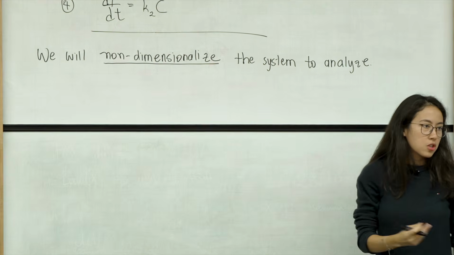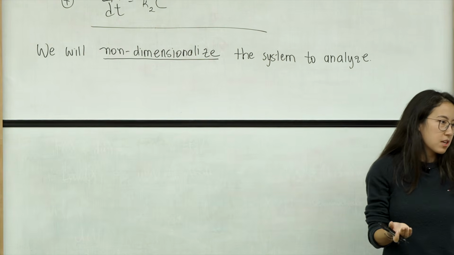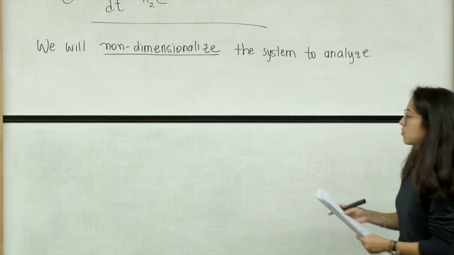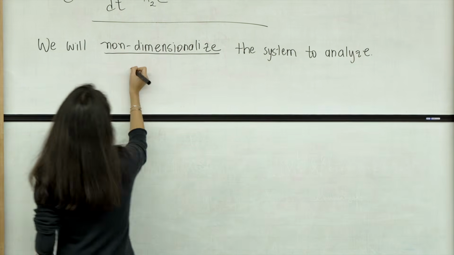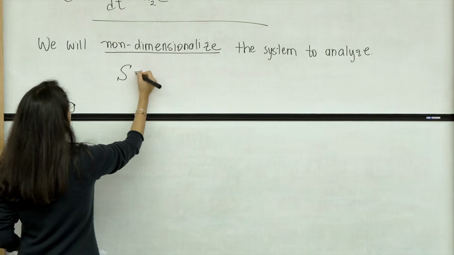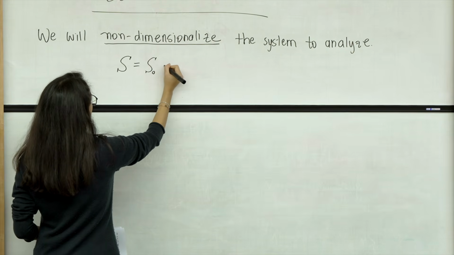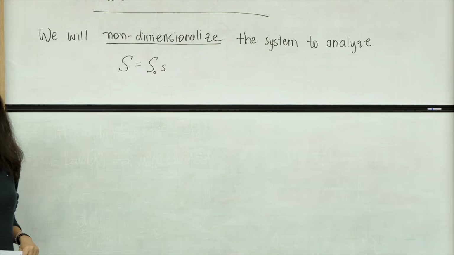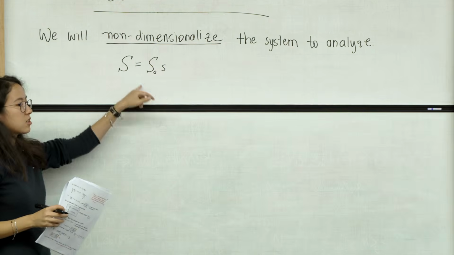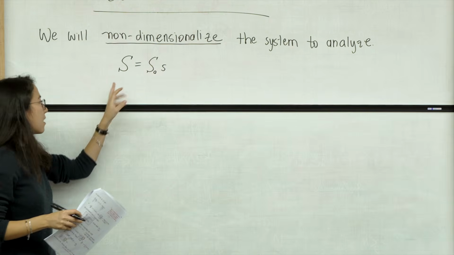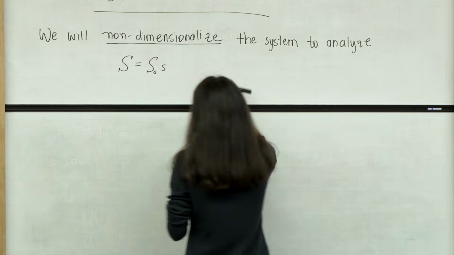OK, so the choice of non-dimensionalization is sometimes not unique. But for now, I'll just give you the non-dimensionalization we will use. The substrate can be written as the initial substrate times some other variable, little s. By the way, if you have a question now while I'm writing it, like whether it's capital or not, ask me.